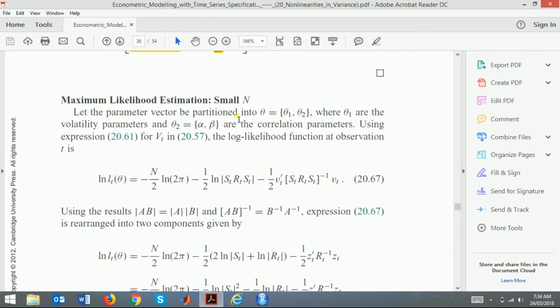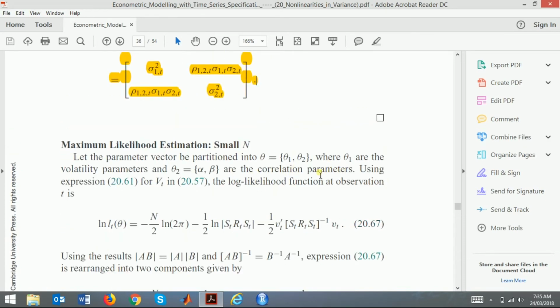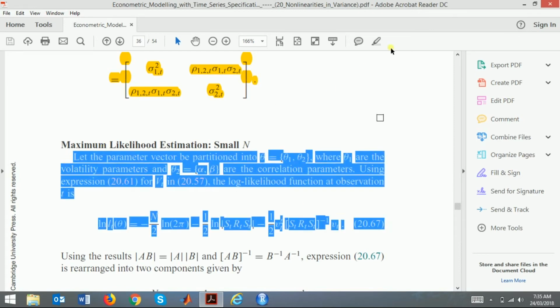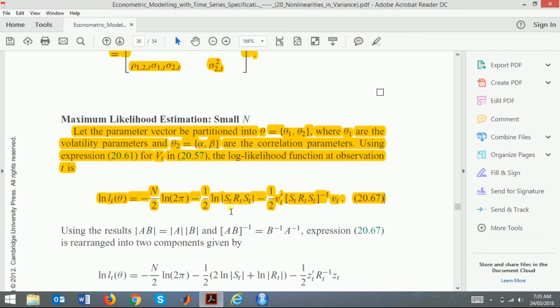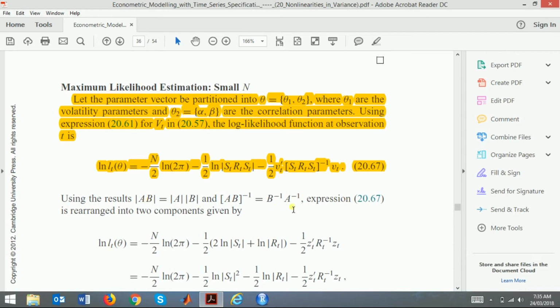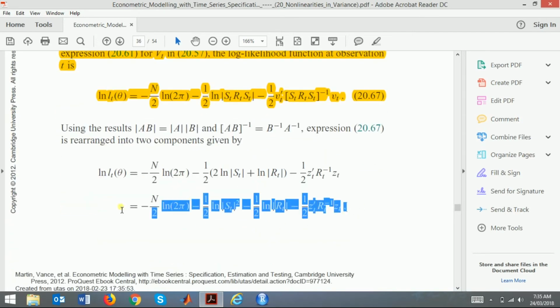Maximum likelihood: let the parameter vector be theta equals theta 1 and theta 2. So this is a very small parameterization. Then half log of the determinant of SRS, where sigma squared is the SRS variance, big V is SRS, fine. Using the results, the expression becomes this.